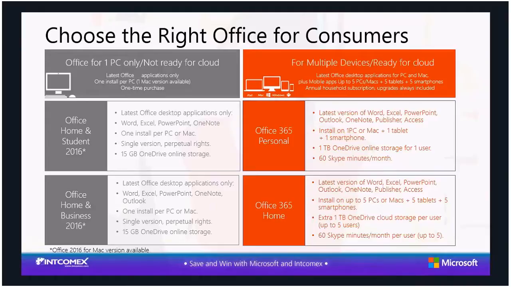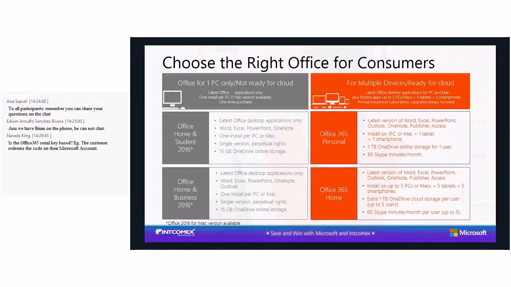So when we talk about the Office, it's important to talk to the customer and understand what they need in order for us to recommend the right Office. Microsoft still has the perpetual or the one-time licensing available because we know that not everybody is ready for the cloud, and we understand that, and that is okay.